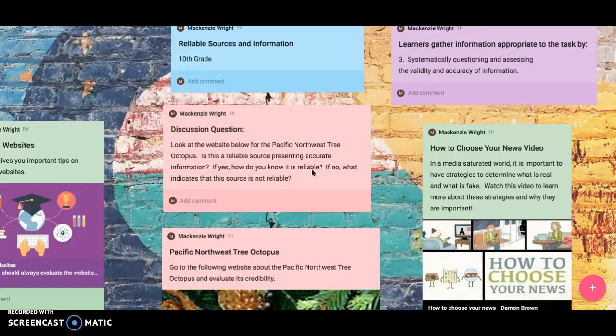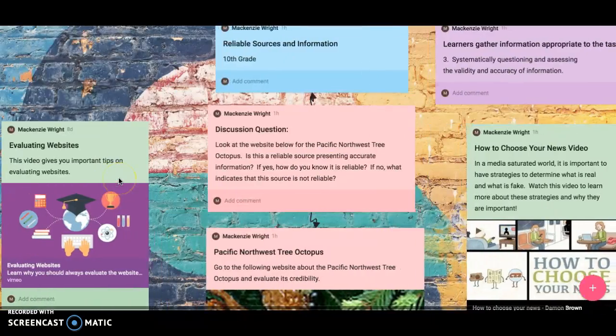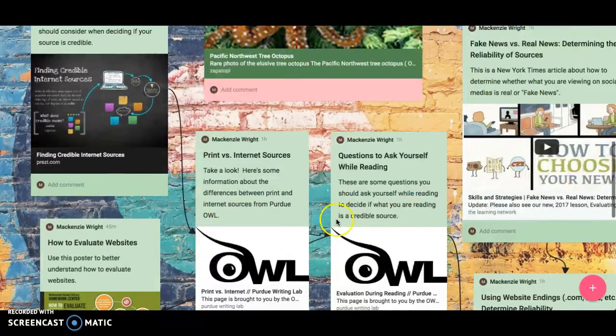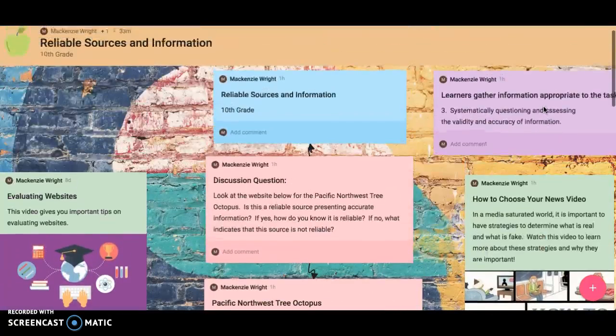The resources you should look at and use to determine the answer to these questions are in green along the sides and underneath on this page.